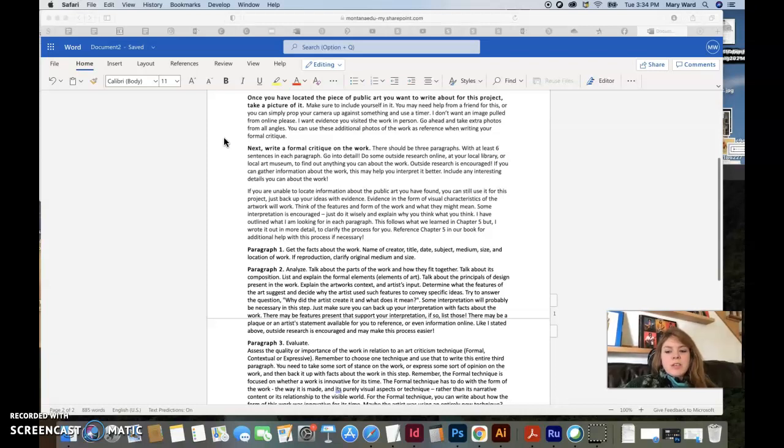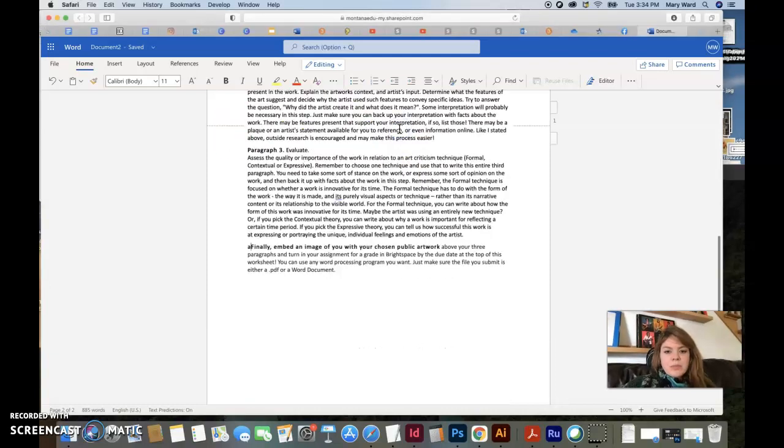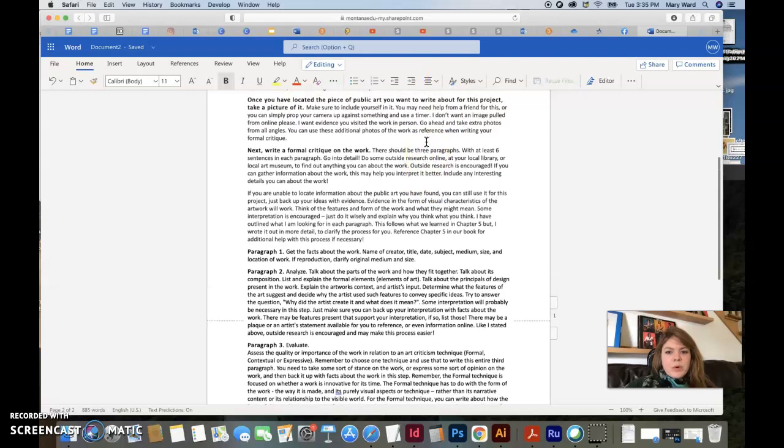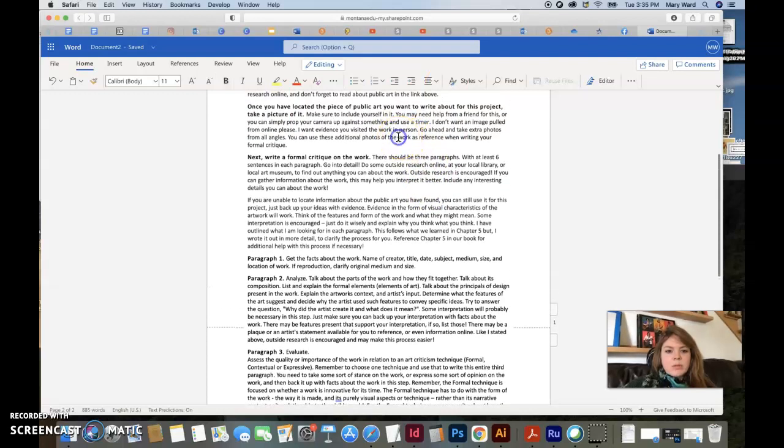And I would highly suggest going ahead and taking multiple pictures of this piece of work from every angle possible, just so you can use these additional photos of the artwork as reference for writing your formal critique.